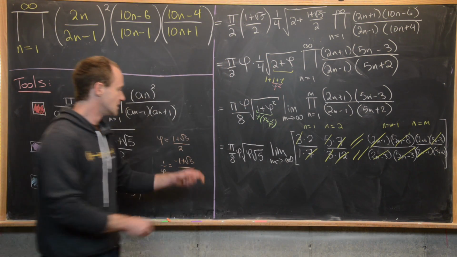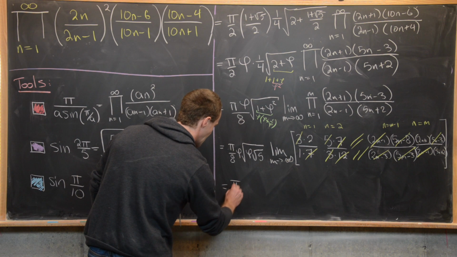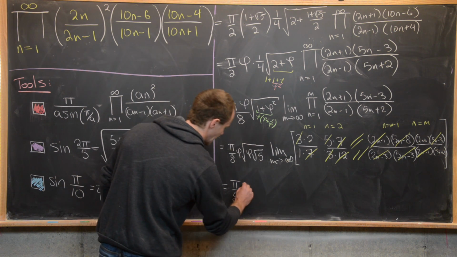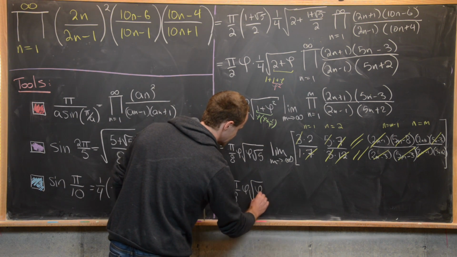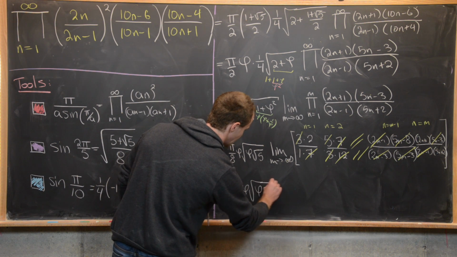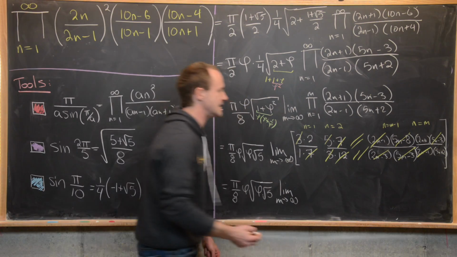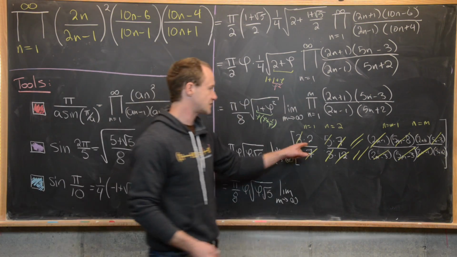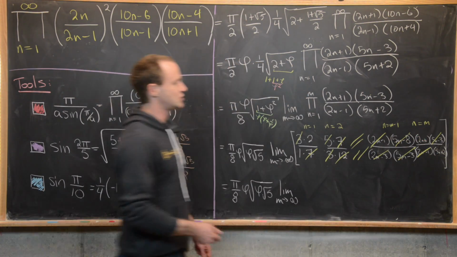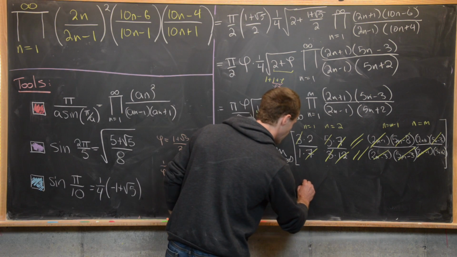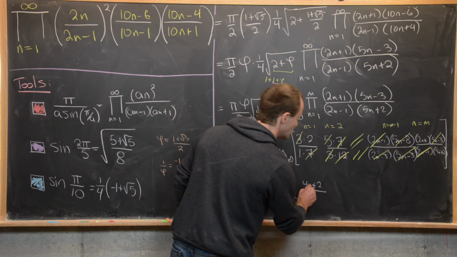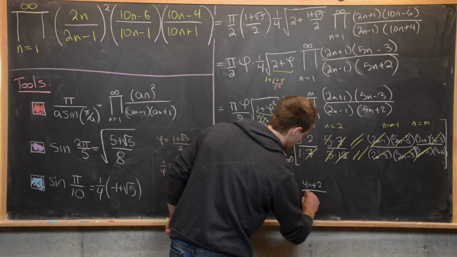So we're going to be left with pi over 8, and now we have phi times the square root of phi times the square root of 5. The limit as m approaches infinity of, let's see what we've got. We've got 2 times 2m plus 1, so that's going to be 4m plus 2 over 5m plus 2.